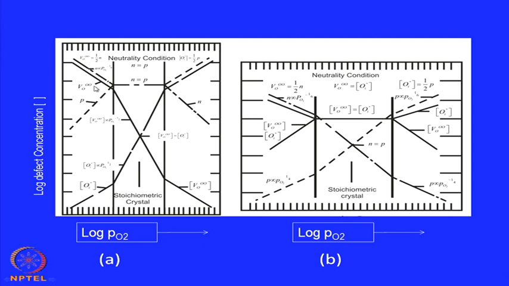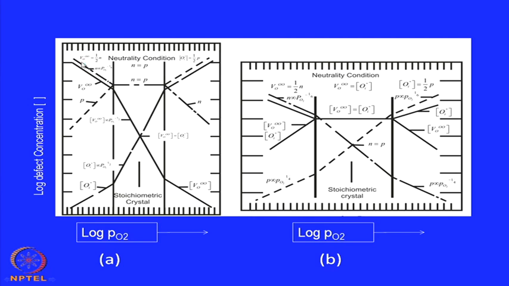Other values of these are oxygen vacancies, these are oxygen interstitials. The oxygen interstitials change in this manner and become very comparable to the concentration of holes on the right side, and oxygen vacancy is very low on this side and then goes like that, and it becomes comparable to the electronic concentration.